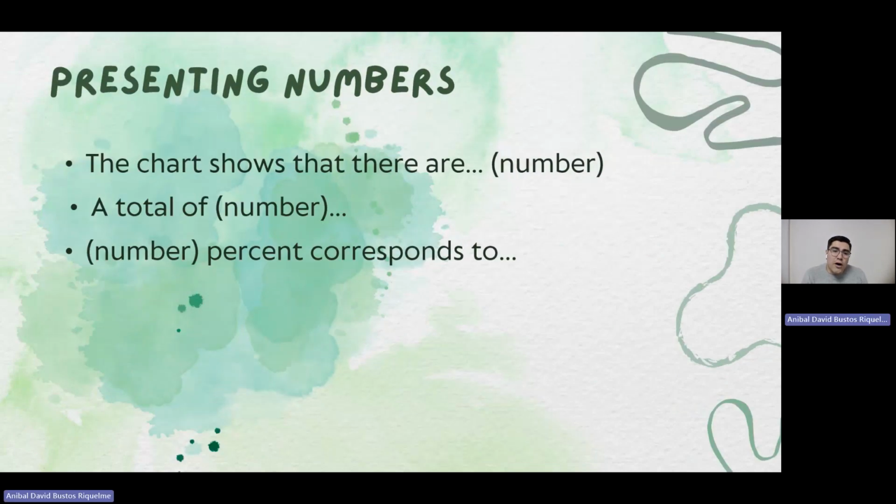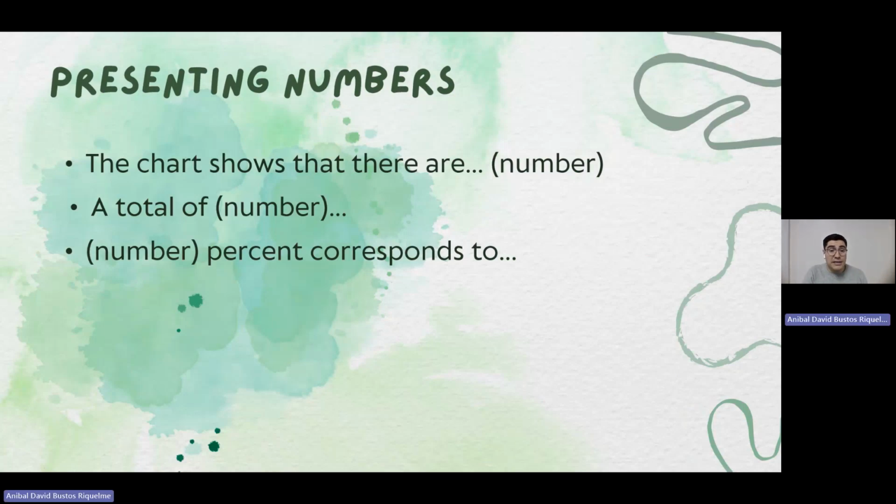We can say a total of 6 different government types can be seen, pueden ser vistas, in Latin America. Or we can say a total of 24 Latin American countries are represented here.